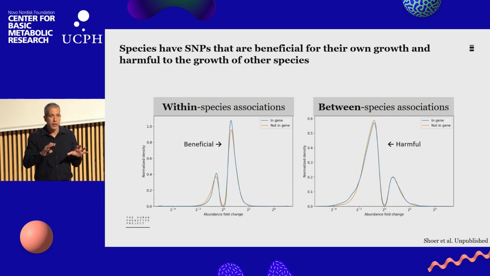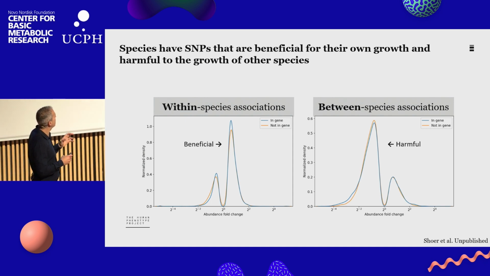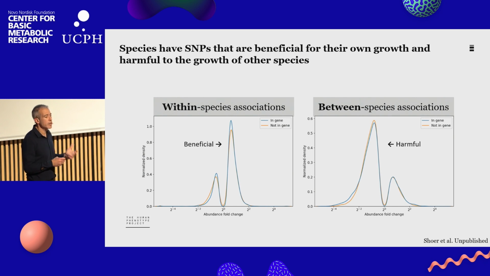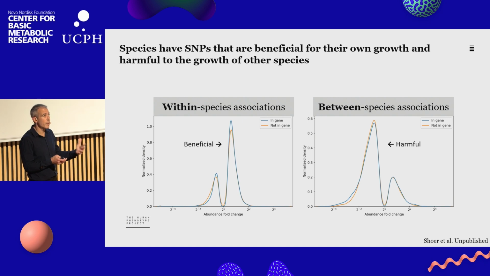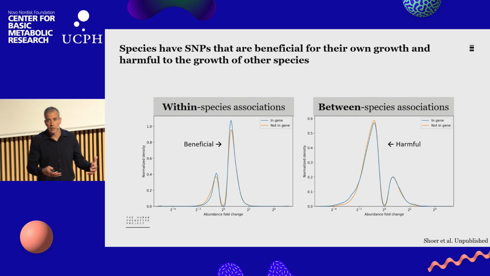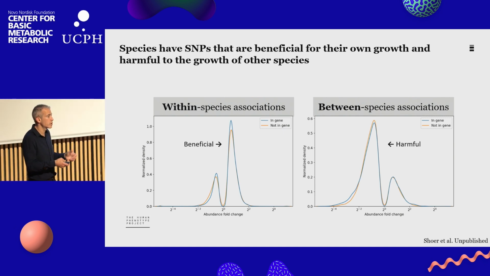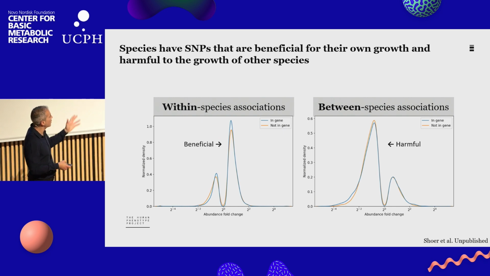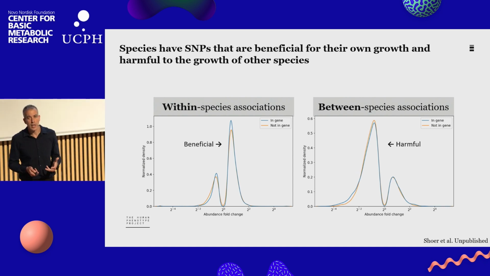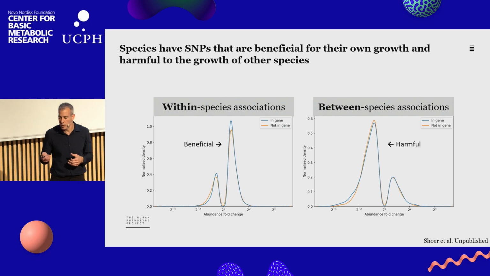And quite interestingly, just from a systems level perspective, we see that genetic variation within the same bacteria typically has positive associations to abundance of the same bacteria, namely evolutionarily, as you might expect, bacteria evolve their genomes such that the mutations support the growth of the organism, whereas if we look at associations with other bacteria, most of these are actually negative, supporting kind of the warfare that we know is going on between bacteria.